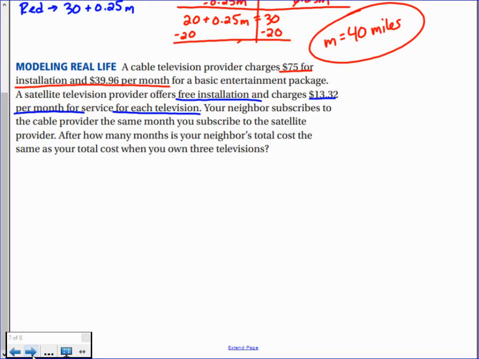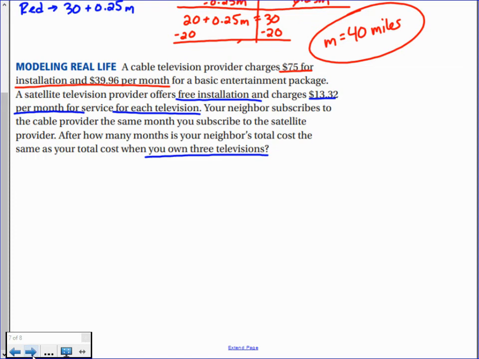That's important. That is very important. I actually overlooked that part when I first solved this question, and it wasn't making sense to me. And so when I went back and read through it, I said, for each television, that comes into play. Your neighbor subscribes to the cable provider. You subscribe to the satellite provider. You own 3 televisions. Okay, that is factored into your price.